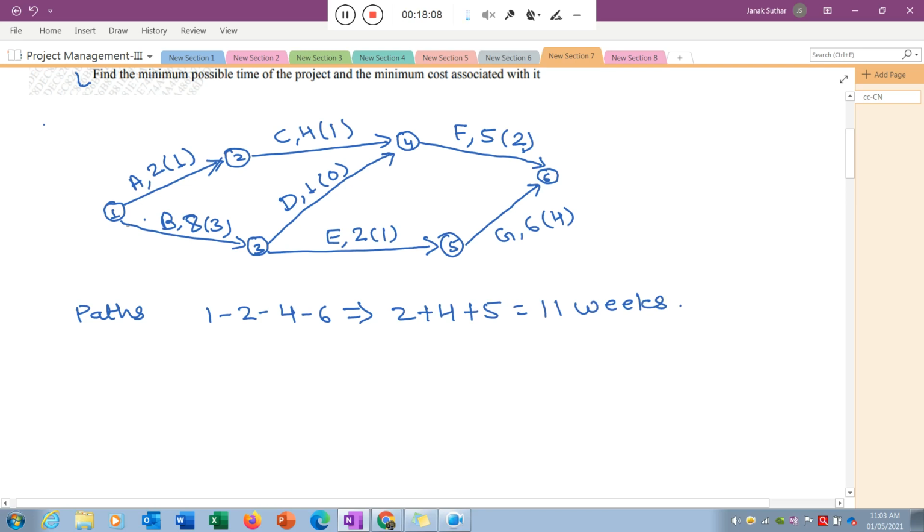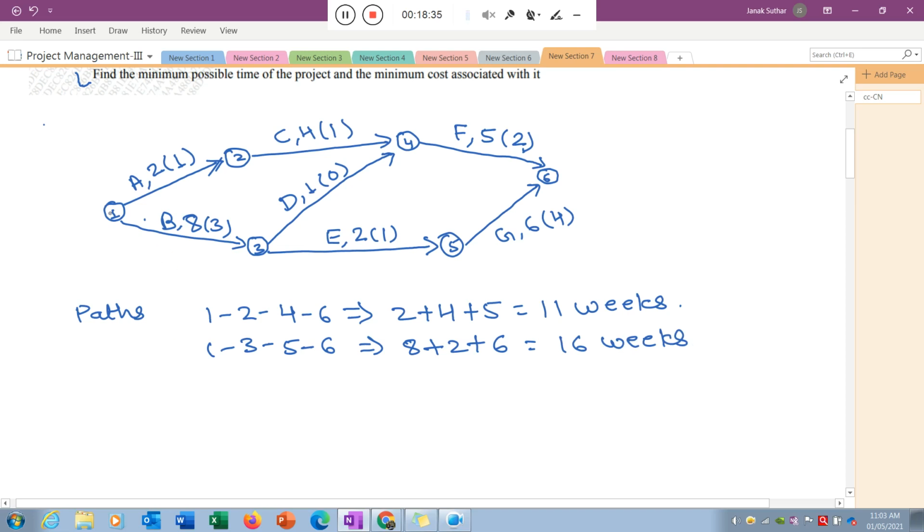Okay, now the next path available is 1 to 3, 3 to 5, 5 to 6. And what will be the path length? That is nothing but 8 plus 2 plus 6, which is equal to 16 weeks.